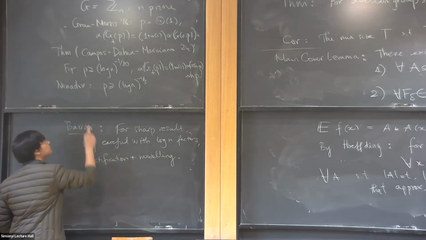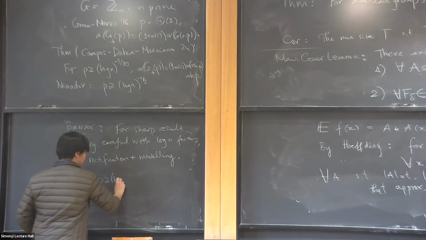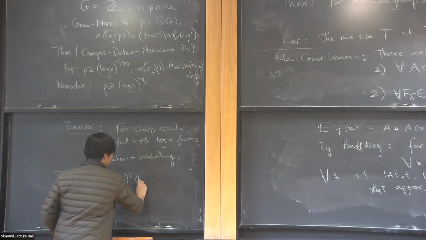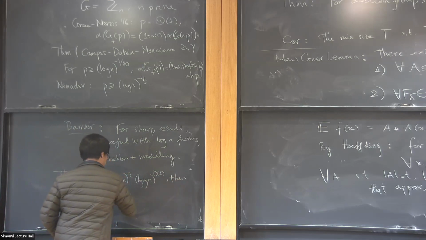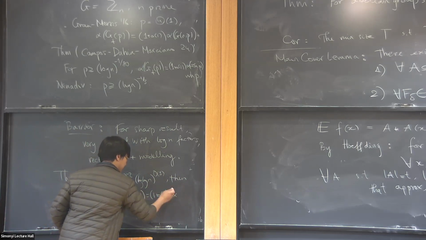So the theorem is that if p is bigger than log n to the minus 2 times some polylog factor, then it's still true that alpha of G plus B is asymptotically the same as alpha of G and p.